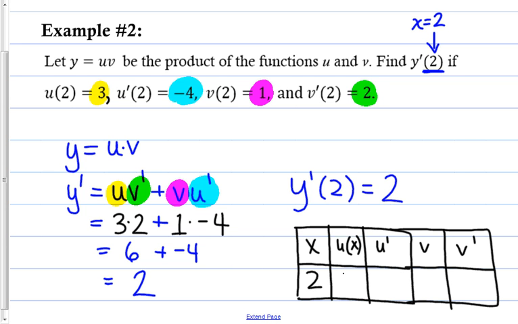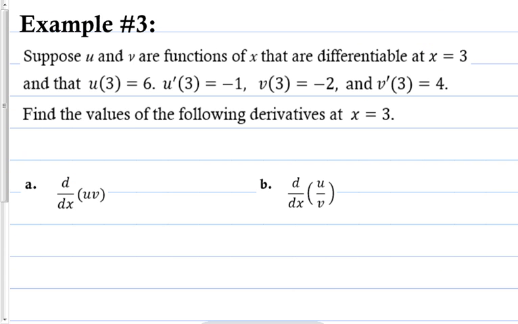So u of 2 would be 3, u prime would be negative 4, v would be 1, and v prime of 2 would be 2. Sometimes the tables are longer. Here they just listed it. All right, example 3.